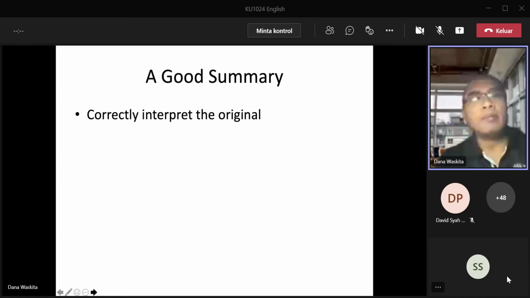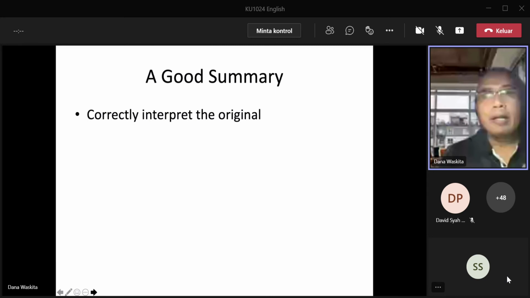We have already learned how to understand the text by finding the main idea, the general ideas of the text itself. Make sure that you really understand the text by finding the main idea and linking one main idea to another main idea.